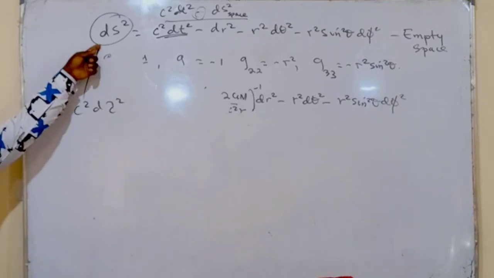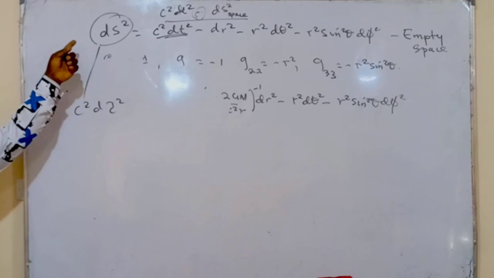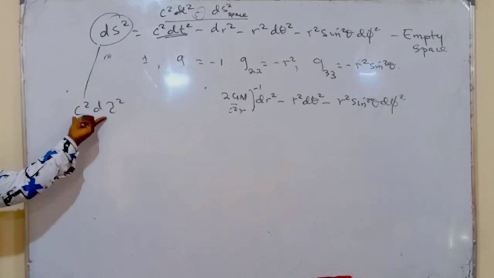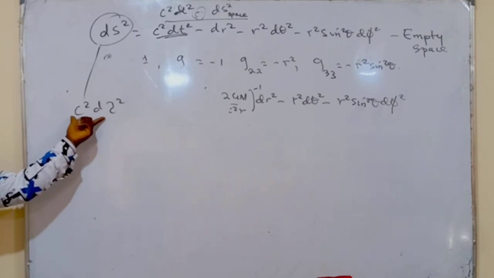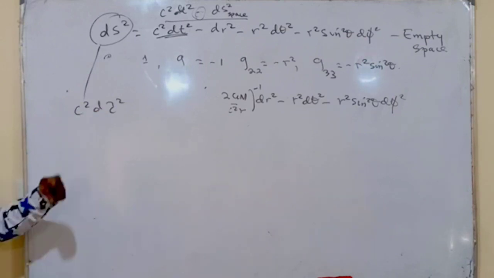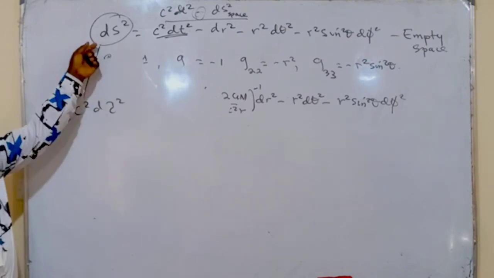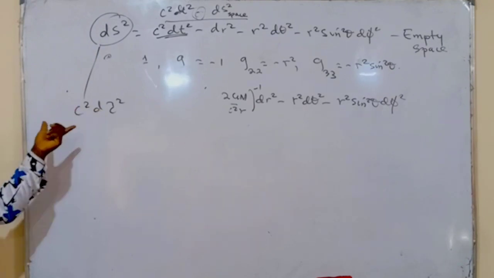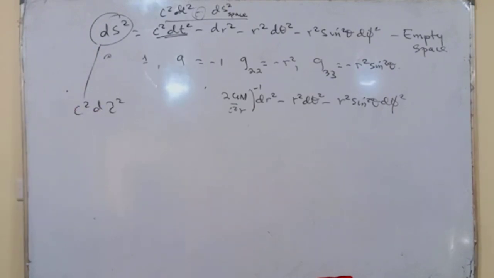Remember, this is the proper distance, and this is also a distance. Speed times time is also a distance. So I can write my left hand side as this. Are we together?